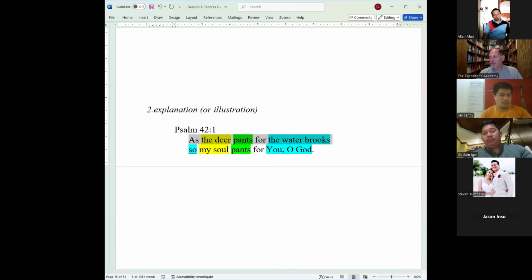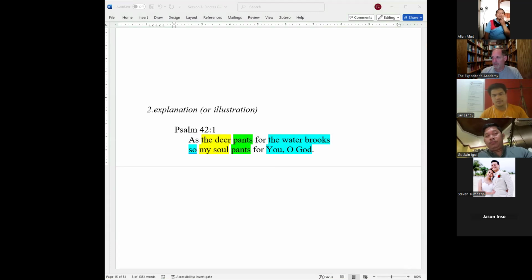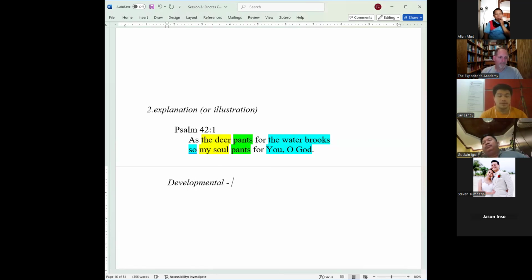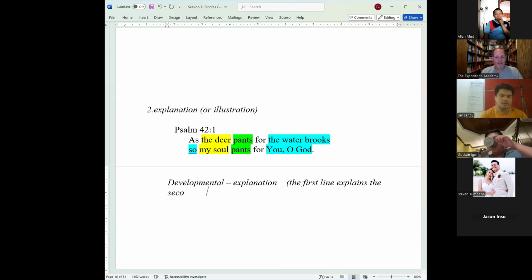So the first line is developmental: it illustrates or explains the second line. The second line makes a statement, and the first line gives a picture of it. So I call this developmental explanation, where the first line explains the second.